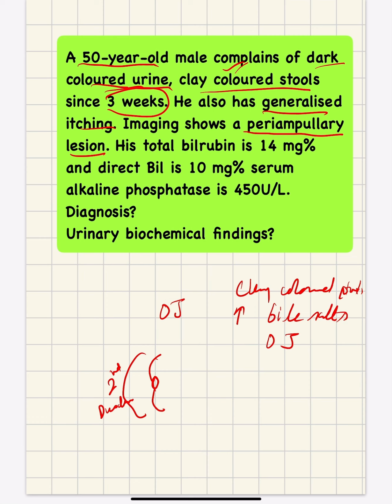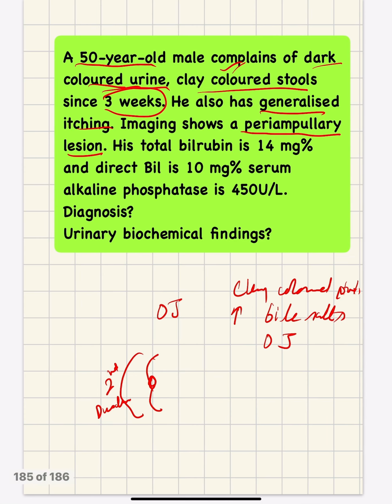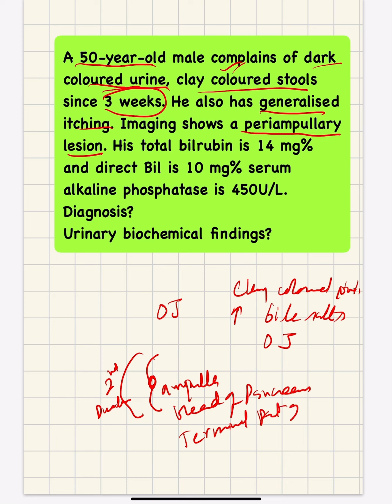So if they are saying there is a periampullary lesion, the lesion can be in the ampulla of Vater, in the head of pancreas, or in the terminal part of the CBD, because the CBD comes here and combines with the pancreatic duct and then opens into the ampulla of Vater. So there can be some lesion in the terminal part of the CBD, or the lesion can be in the duodenum itself.